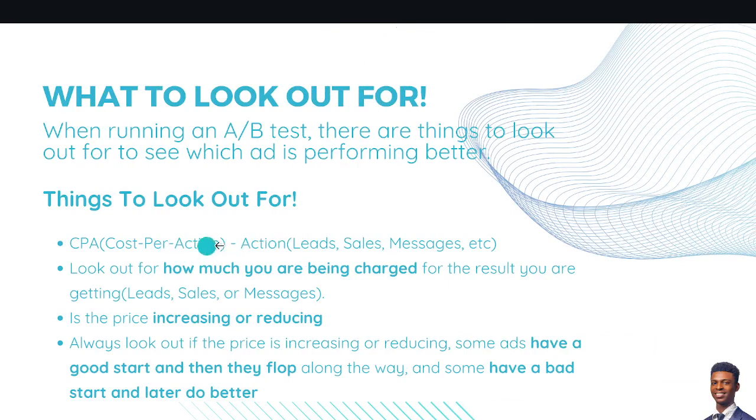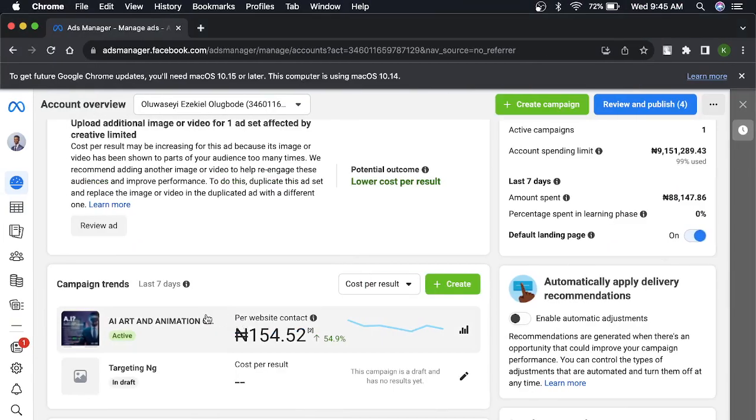So cost per action, leads, sales, messages, contact, how much are you paying? So imagine if I was running a split ad and this one is showing 154 and another is showing 200. That means I'm paying more for the one that is showing 200. That means this one is actually performing better than the one that I'm paying 200 for. So I'll just switch off the one that I'm paying 200 for and go with this one. Why? Because it is cheaper.